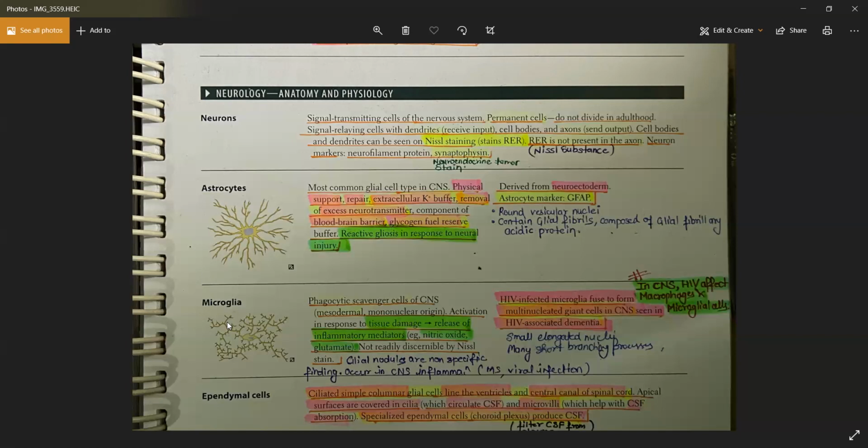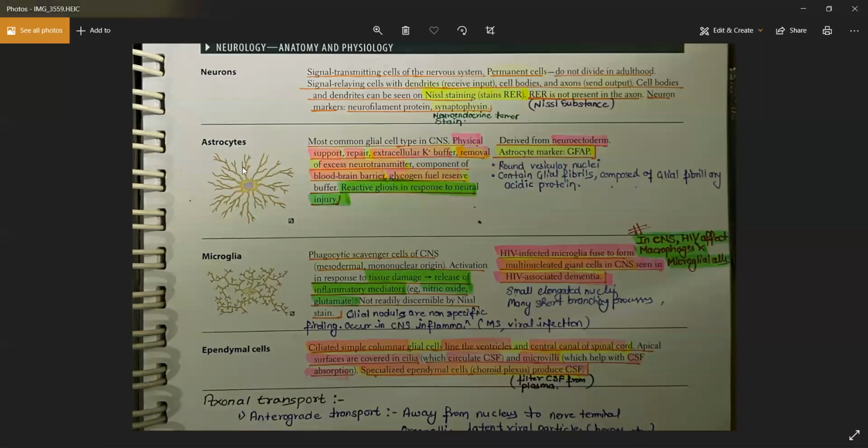Now, can anyone tell me, in hyperammonemia, I'm having this cerebral edema, right? Which of the cells, the neurons, the astrocytes, the microglial cells, or the ependymal cells, will be swelling in case of this edema? Yeah, it is astrocytes.